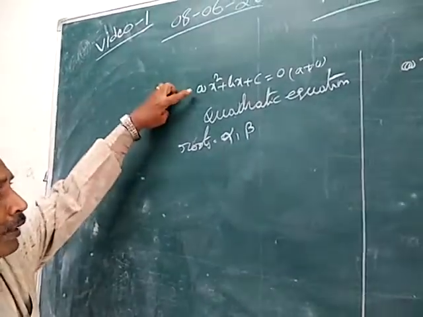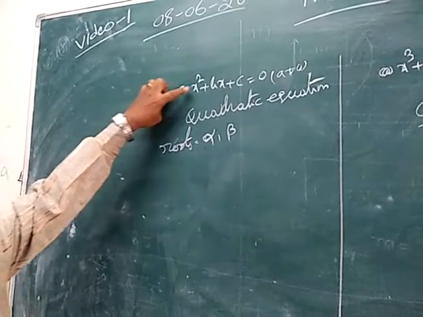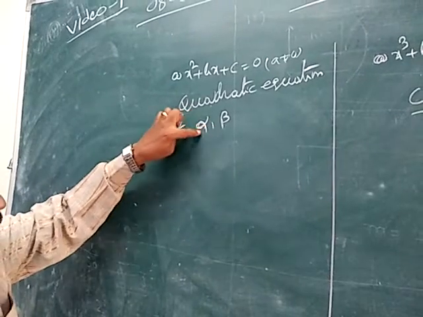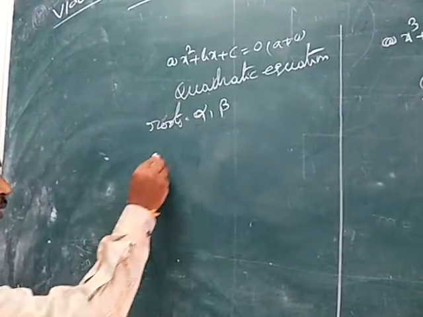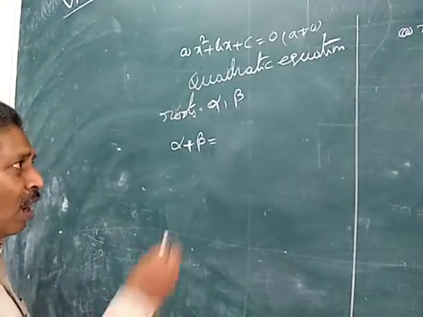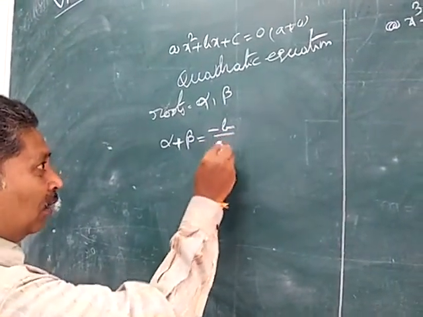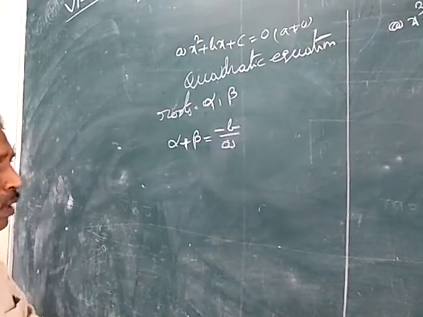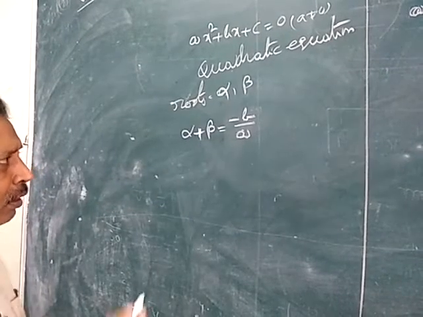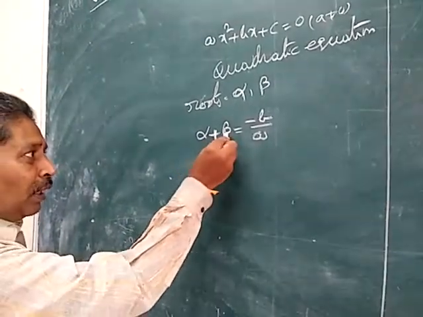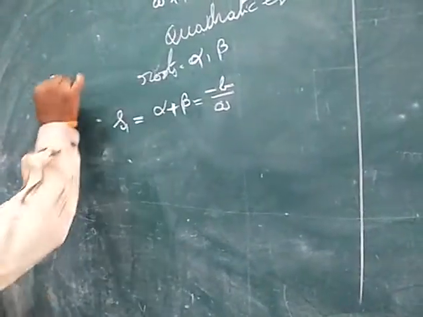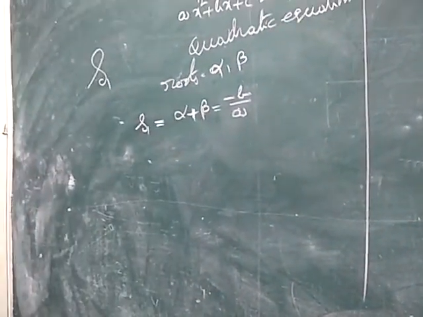So the relation between coefficients and roots: as you already know, the sum of the roots alpha plus beta equal to minus b by a. In this chapter, this alpha plus beta is denoted by small s1.